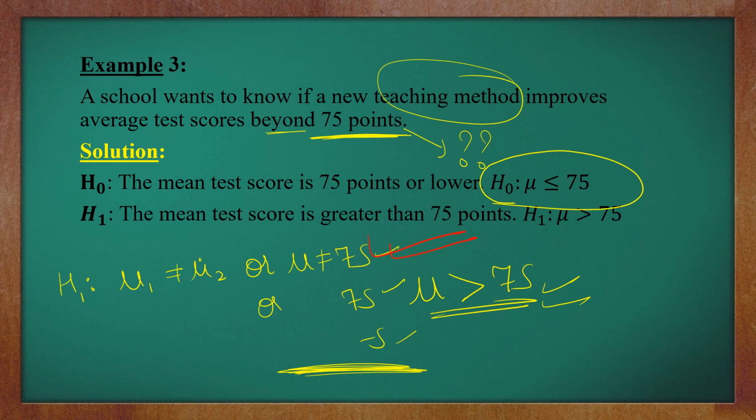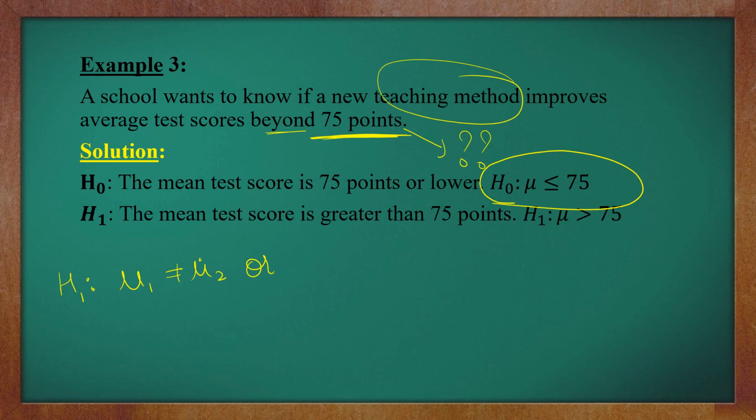So just keep in mind, we always have three cases in the alternative. Null hypothesis means no difference, but in the alternative we have three cases: is not equal to, is greater than, and is less than. If you see the word greater or beyond, this one; lesser or least, this one; nothing mentioned, then the first case. By using these words and reading the example, you will very easily get to know that this is my null hypothesis and this is my alternative hypothesis.